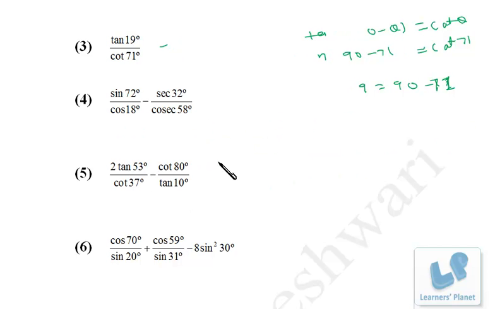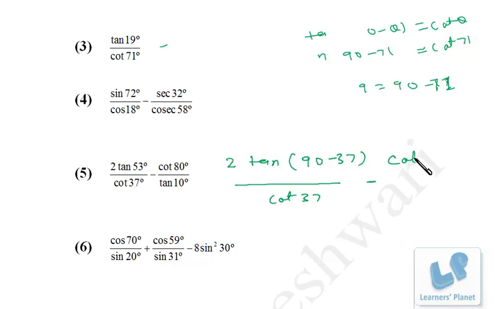Now in this question, tan 53 degree can be written as 2 tan 90 minus 37 by cot 37, minus this is cot 80, and it can be written as tan 90 minus 80, right? 10 can be written as 90 minus 80. Now tan 90 minus theta is what? Cot theta. Here theta is 37.